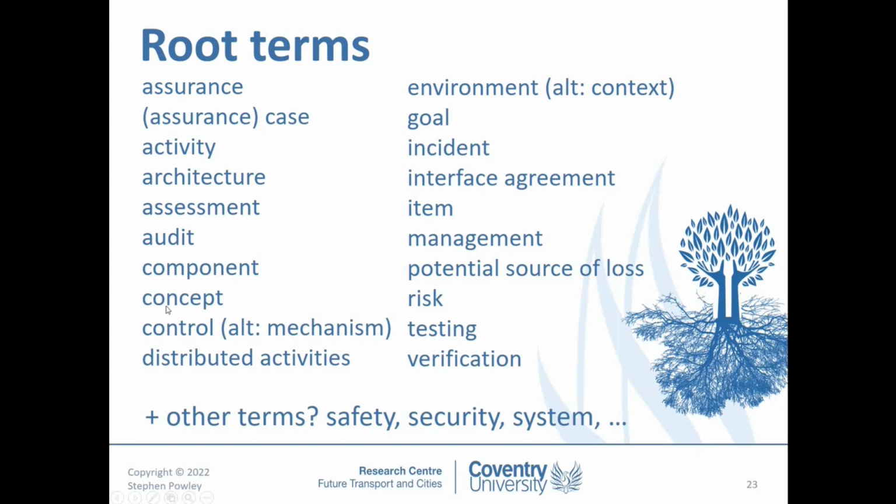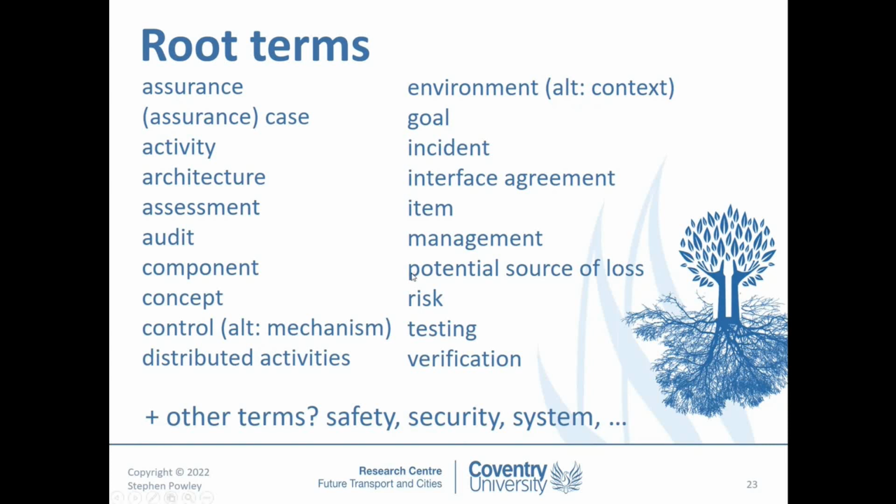The idea of a concept here is different to what I've been talking about in functional safety and cybersecurity terms. It's actually more to do with understanding the context and the scope of the technology that you're developing. So a good example of why we have to be careful about the use of terms. Things about the environment, and that's going to become increasingly important, understanding the way that vehicles interact beyond the boundary of the vehicle.